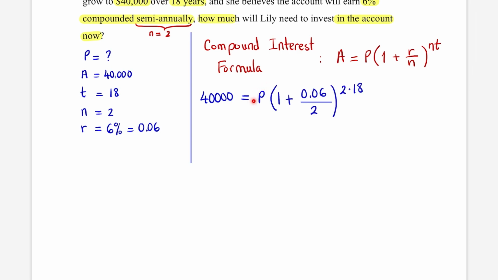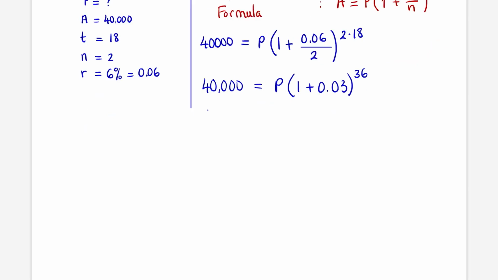And I'm trying to solve for P here. In order to solve for P, I'll simplify this parentheses first. I'll take 0.06 divided by 2 to get 0.03, and then 2 times 18, which is 36. I have 40,000 equals P times 1.03 raised to the 36.